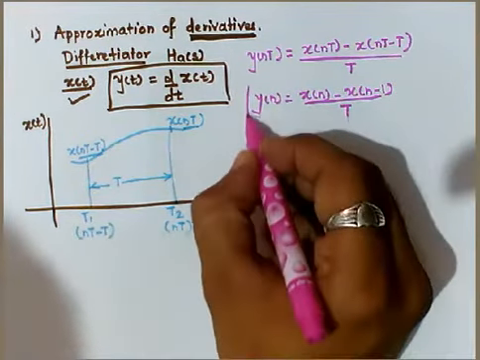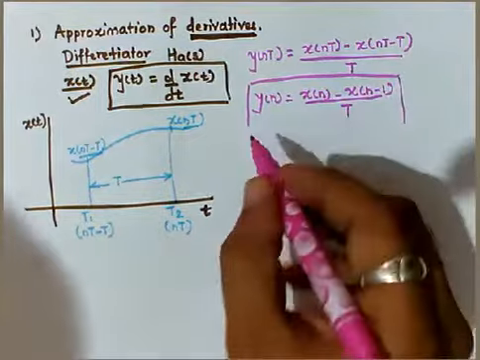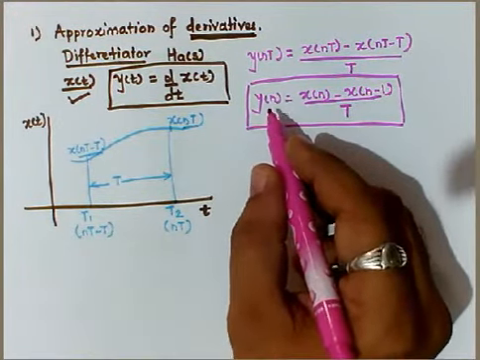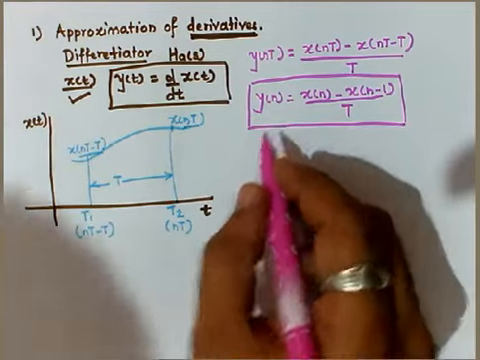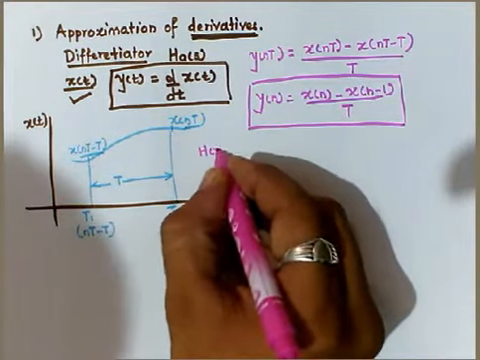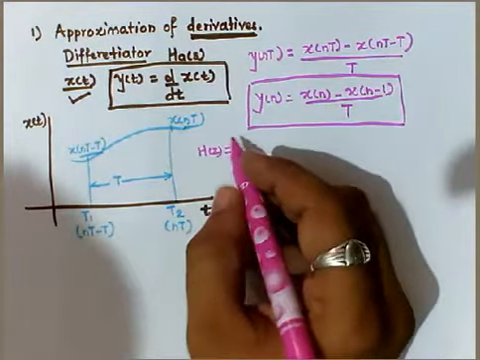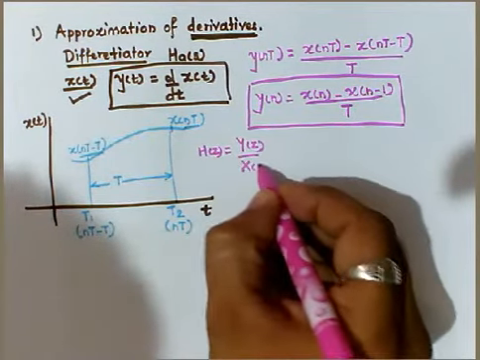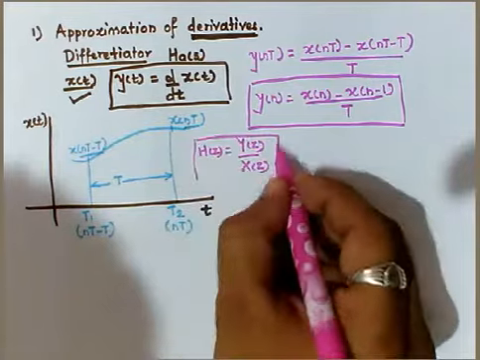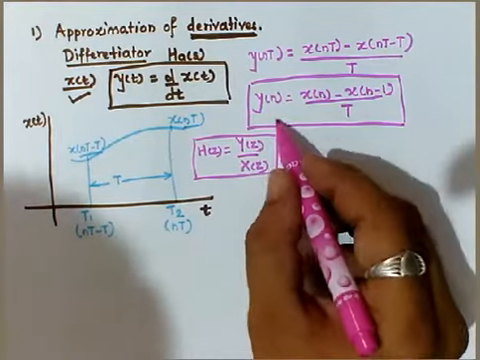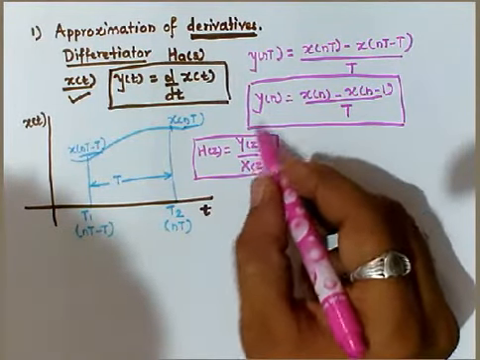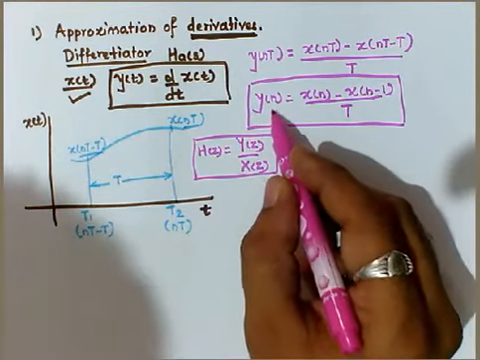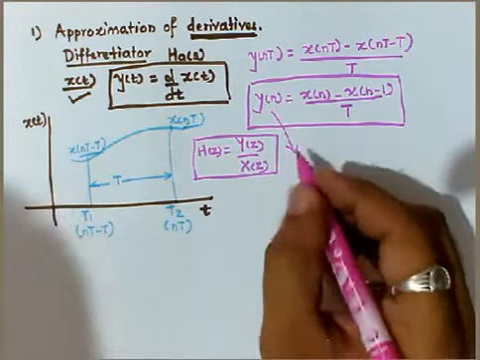But now, since we are going for digital filter design, we are interested in designing H(z). H(z), the transfer function of the digital filter, is nothing but Y(z) by X(z). To get Y(z) and X(z), we take the z transform of y(n) and x(n) respectively. So let's take the z transform of y(n).